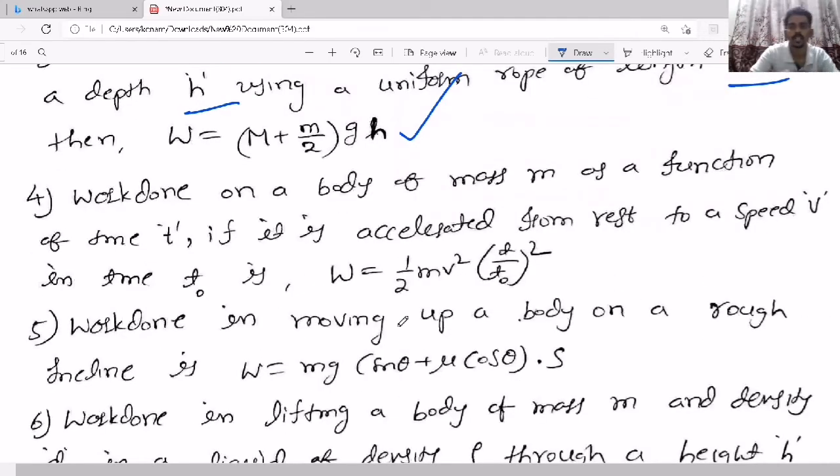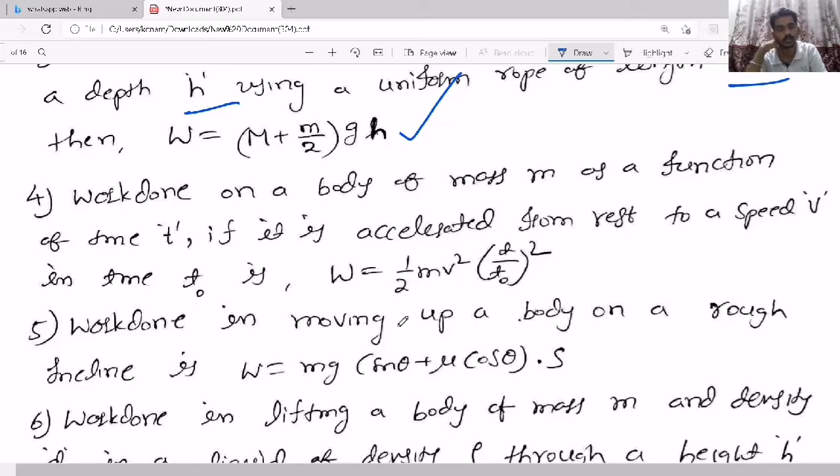Now, the work done on a body of mass m as a function of time t, if it is accelerated from rest to a speed v in time t naught. Now v is constant here.